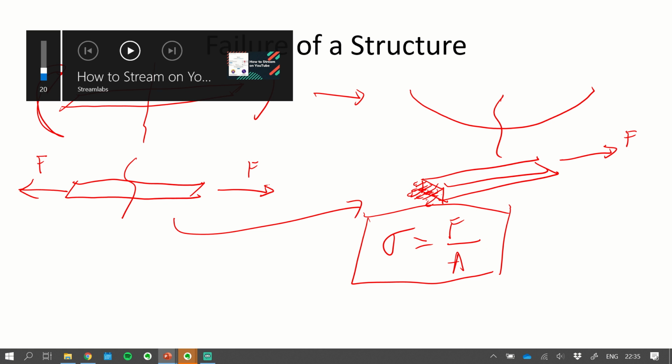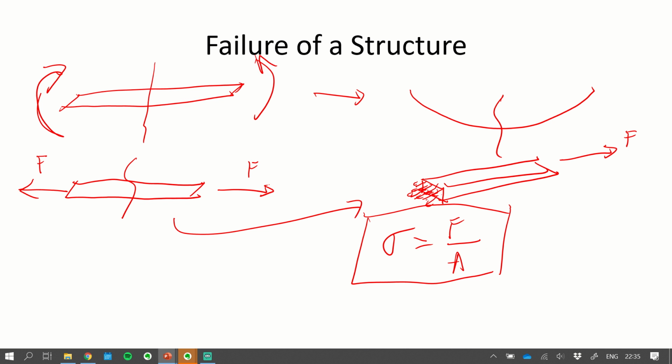For this particular class, what we will learn is not the stress caused by this kind of load, but what is the internal force effect happening at a particular structure when a particular load is given to that structure.